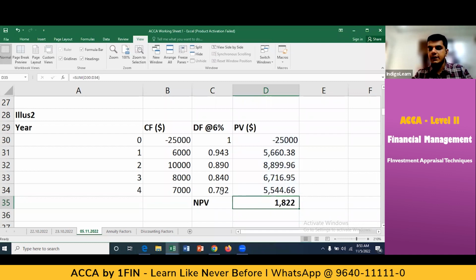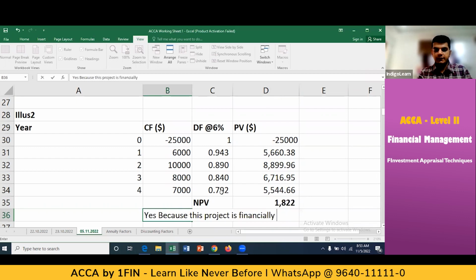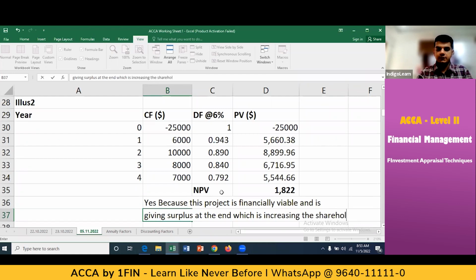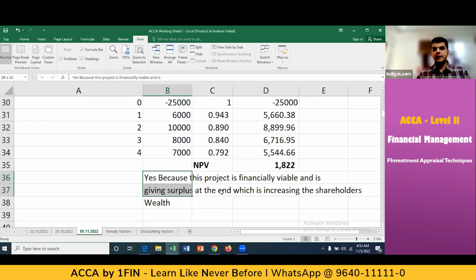Since NPV is coming positive, if someone asks you whether you should take this project or not, our answer will be yes, because this project is financially viable and is giving surplus at the end, which is increasing the shareholders' wealth. So the answer would be yes.